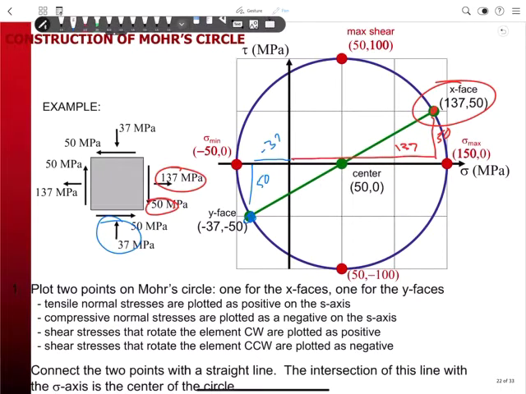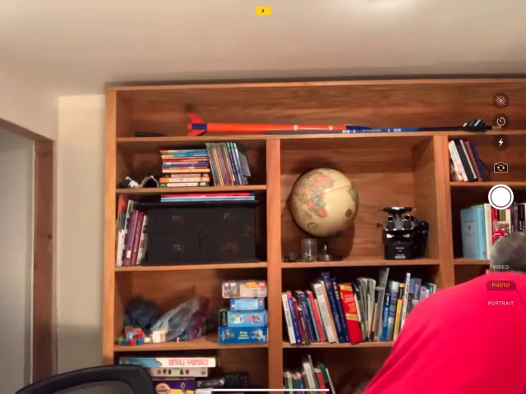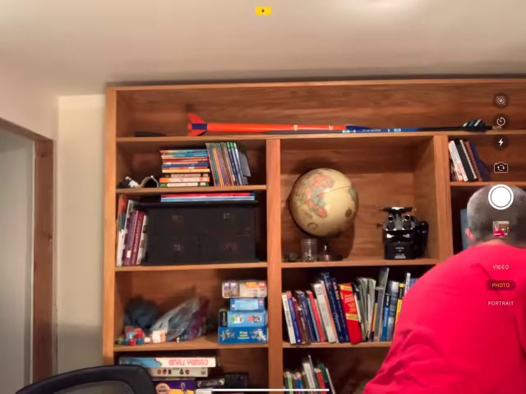People get so confused about Mohr's circle. I think it's a lot easier to think about in reverse. If you're really interested in this, look back in your mechanics of materials book. Yeah, here we go, this is an old one, Hibbler. Oh, this is a good book, actually.